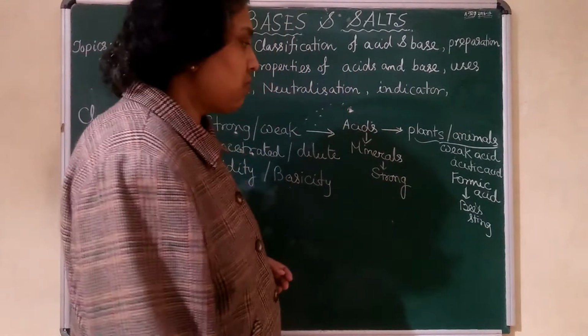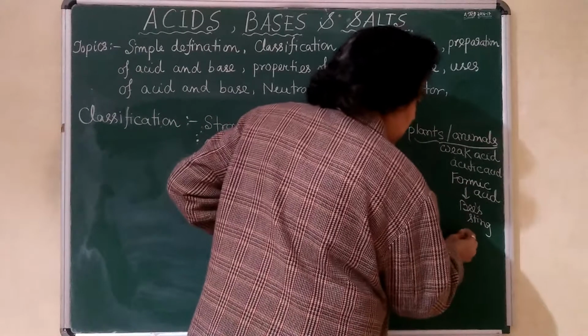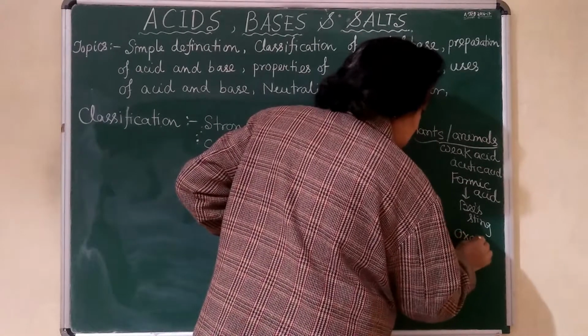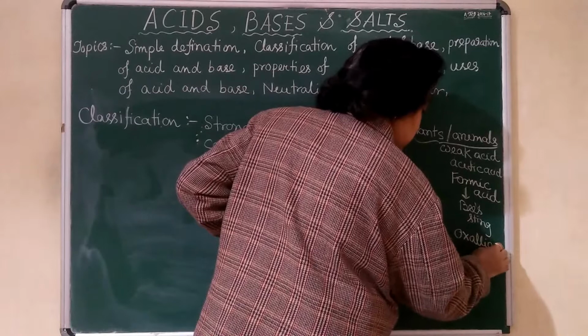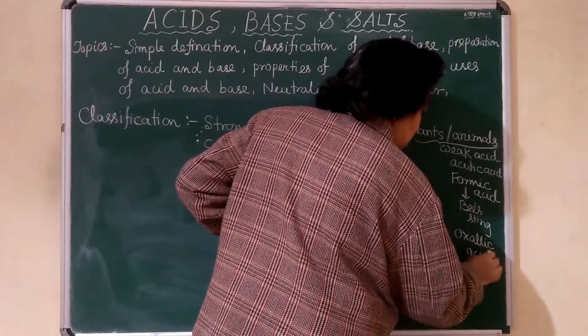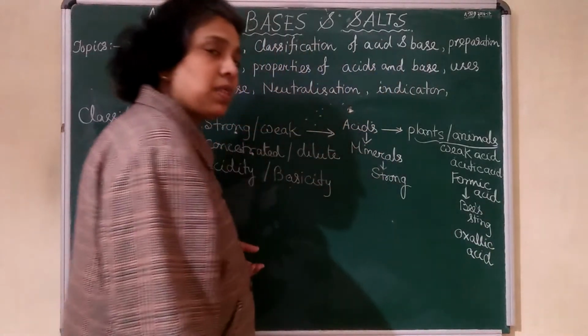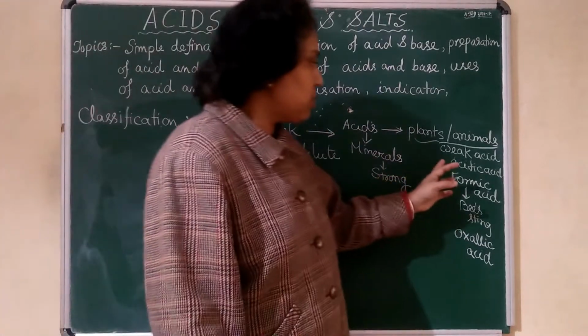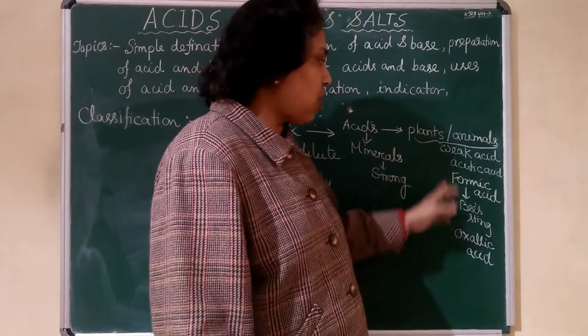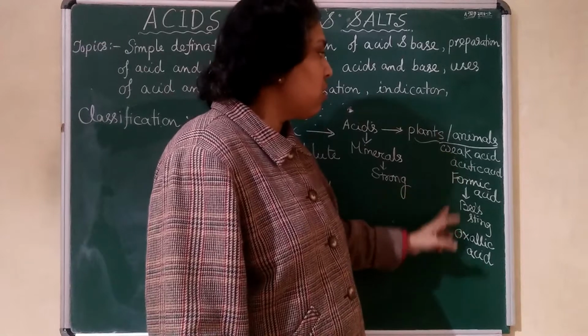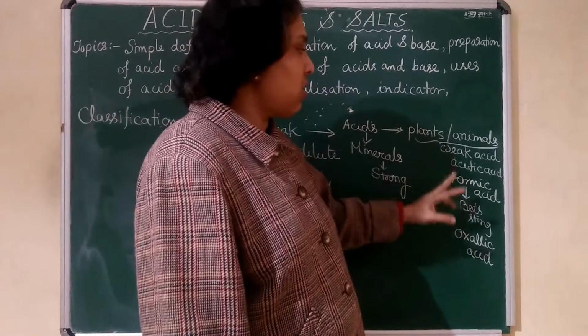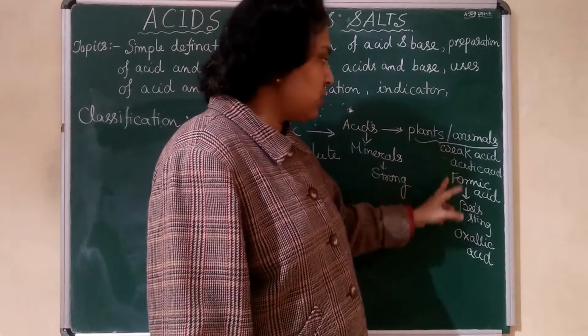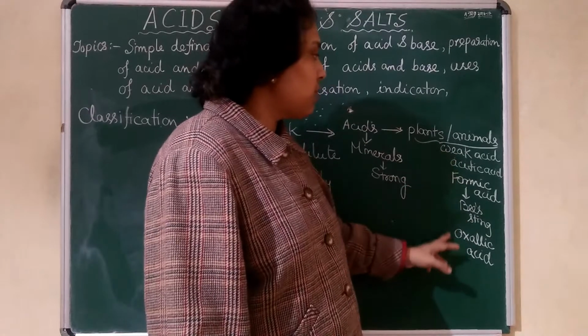Then from vegetables we can get oxalic acid. I am not writing the formula because here they will give you the options. They will ask whether it is weak acid or strong acid, so with name only it will come.